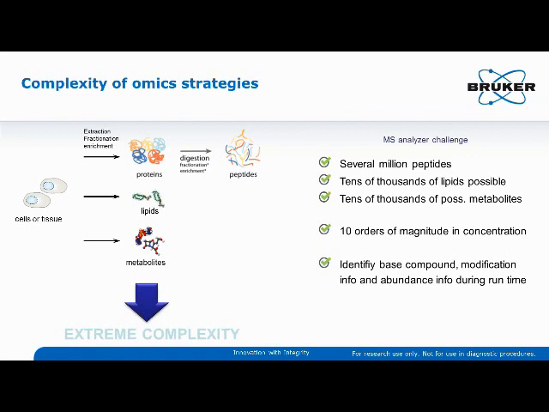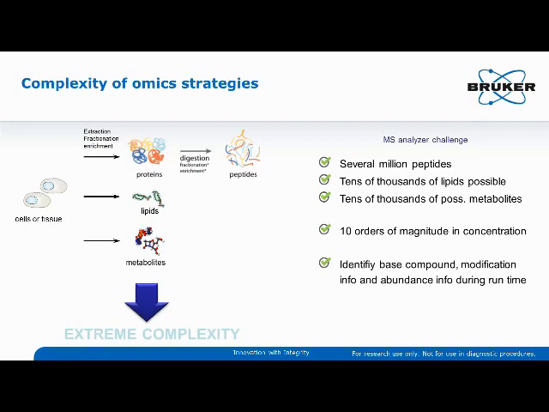Along with this species complexity is the fact that they're present in various ranges of concentrations. Particularly in proteomics, it's been estimated there are about 10 orders of magnitude in concentration from the lowest to the most abundant proteins, which certainly presents a challenge to the mass spectrometry from a dynamic range standpoint.